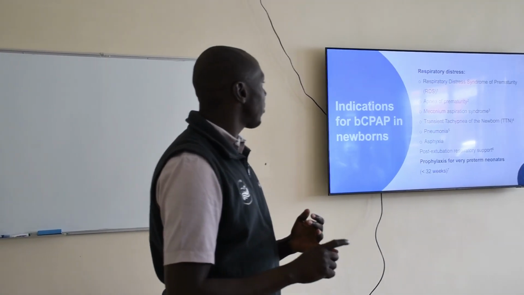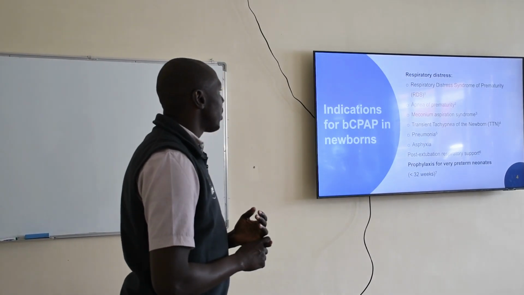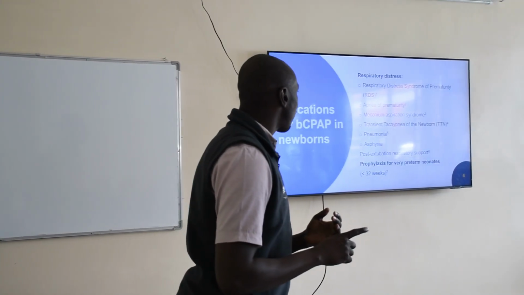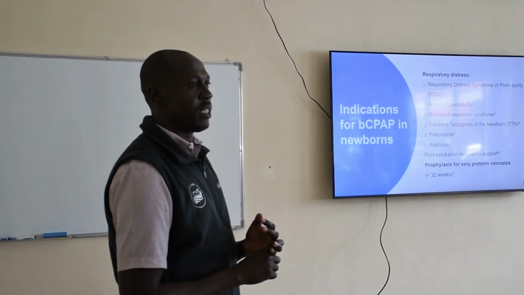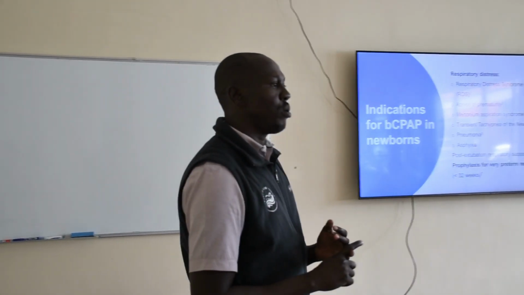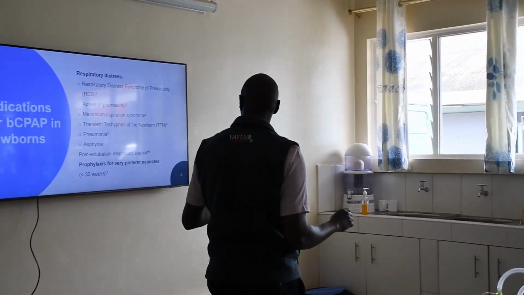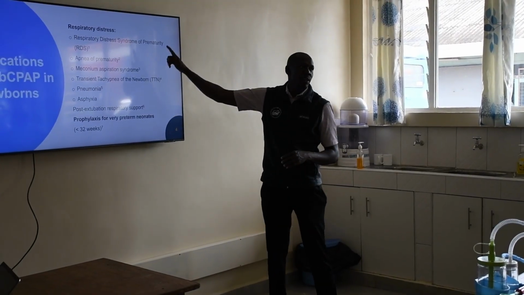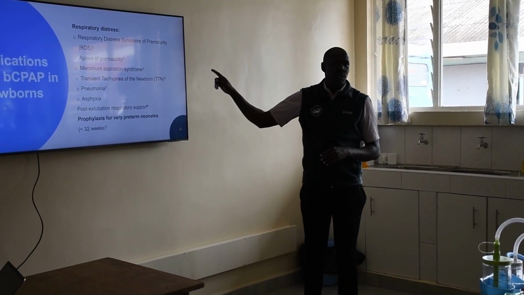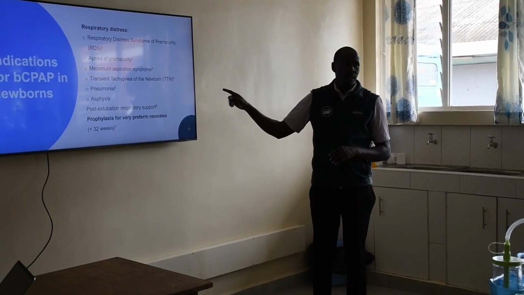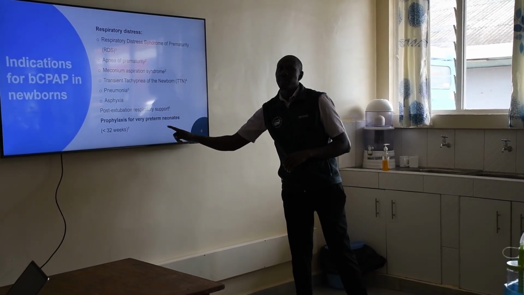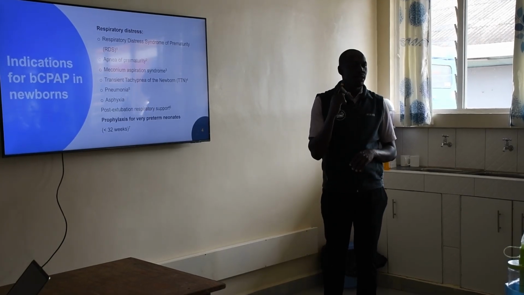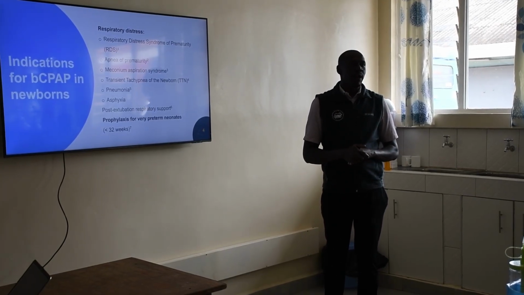Birth asphyxia, post-resuscitation respiratory support, and prophylaxis for very preterm neonates. So you know very well that babies who are delivered at less than 32 weeks should not wait to develop respiratory distress. It is recommended that babies delivered at less than 32 weeks should be started on CPAP.